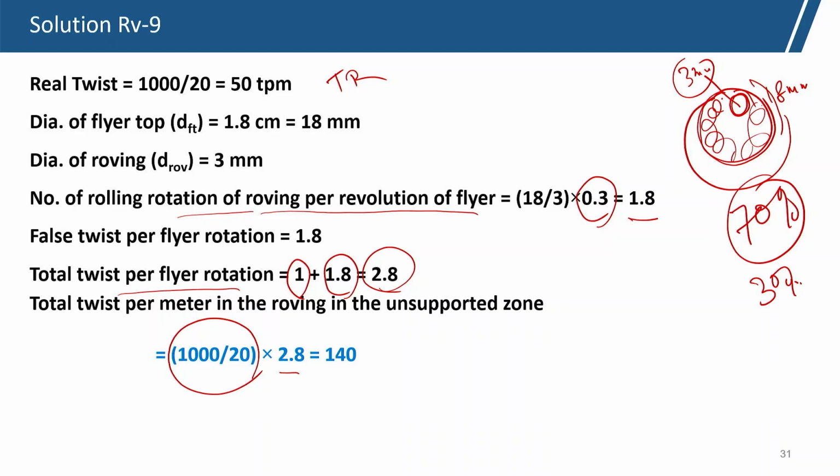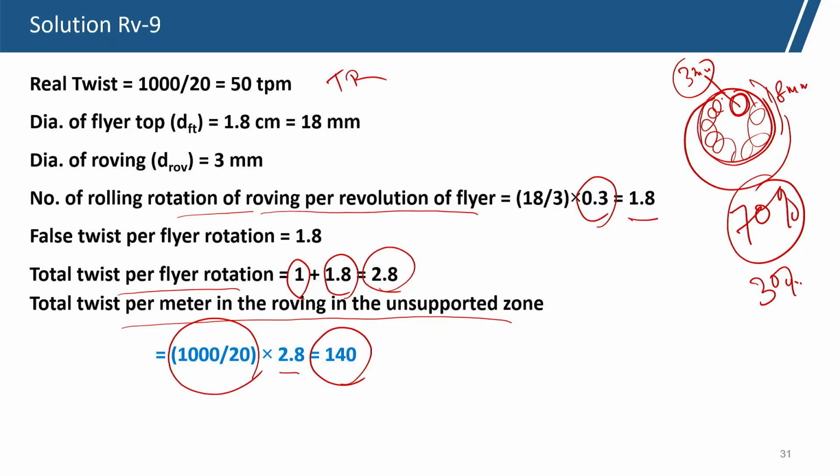So, per minute it will be 2.8 multiplied by 1000, and per meter we divide by 20. So, there will be 140 twist per meter in the unsupported zone. Total twist per meter in the unsupported zone is 140.